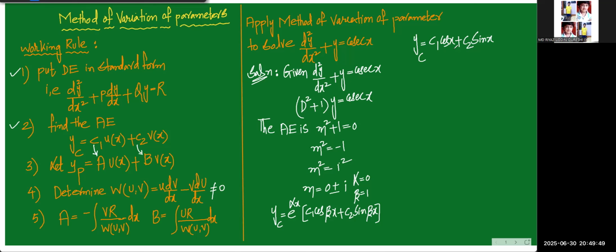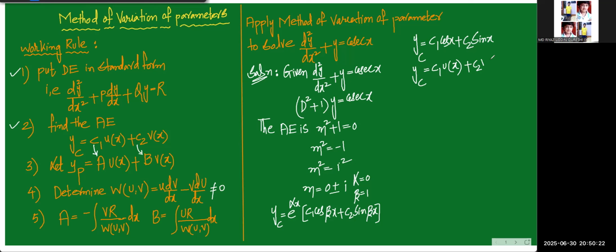After that, what to do? We have to assume our yp value. Let us assume that yp is the particular integral. Before moving to yp, we have to compare yc with this form: c1 u of x plus c2 v of x.